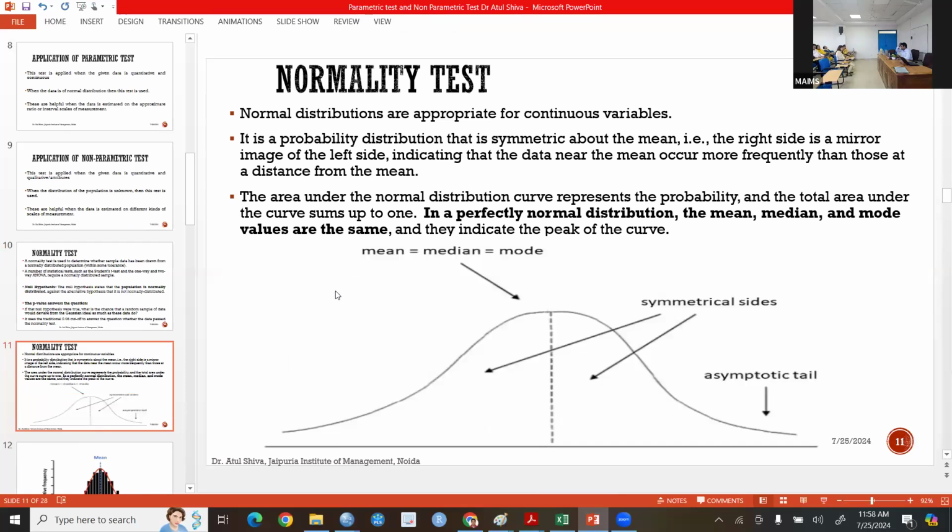So normality: in a perfectly normal distribution, if your population is known to you and the parameters and statistics are known to you, you know that the population mean of Delhi is 2.5. If IP University and all the affiliated colleges of IP University can give you results of the entire university's BBA program, that means the population of IP University is known.